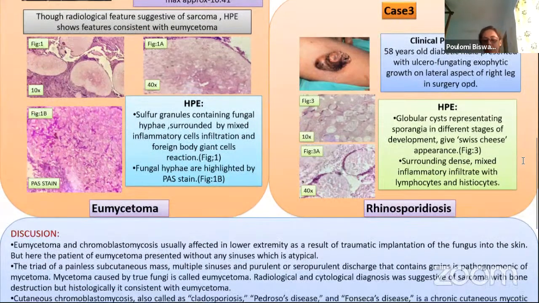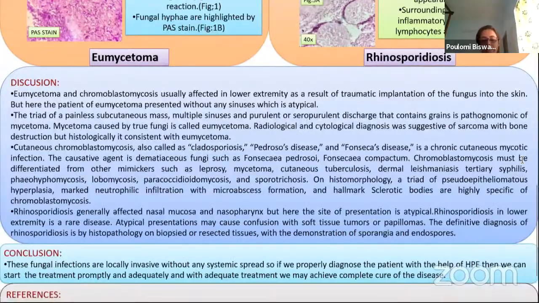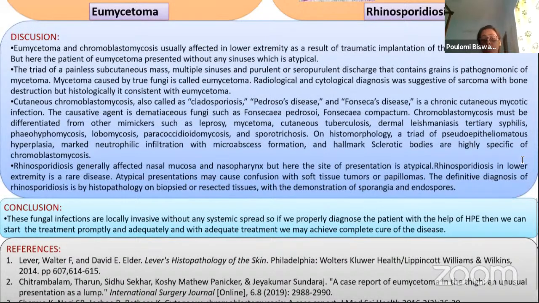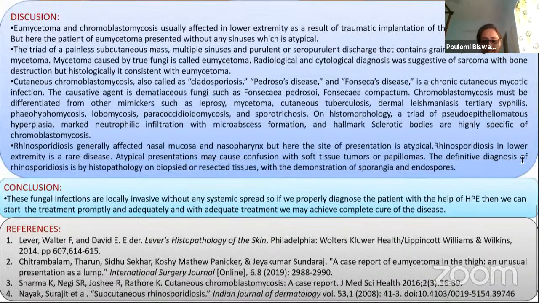Mycetoma and chromoblastomycosis generally affect the lower extremity due to traumatic inoculation of fungi into the skin. But here the patient diagnosed with mycetoma presented with only foot swelling without any discharging sinus, and his radiological features mimicked sarcoma.